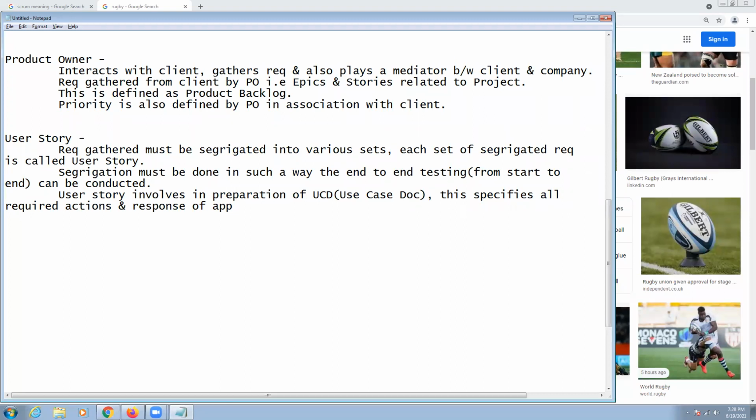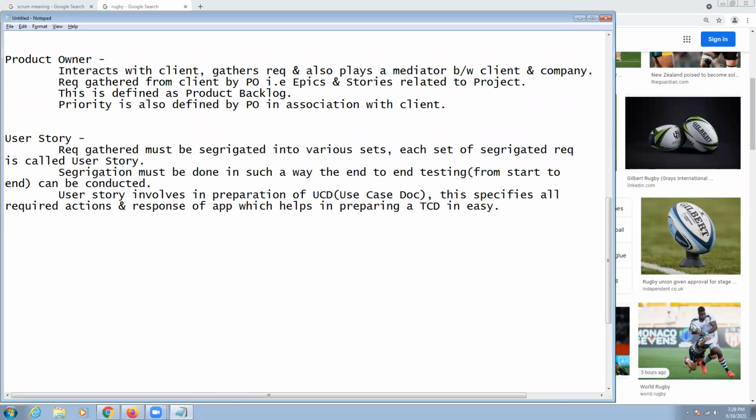Required actions and the responses, the application response over there, right? Which helps the test engineer in preparing the test case designing in an easy manner over there. So that is the usage of it. That is the advantage of this use case document piece, right? Required actions and response of application, which helps in preparing test case document in easy. So that is what it is to be done, right?